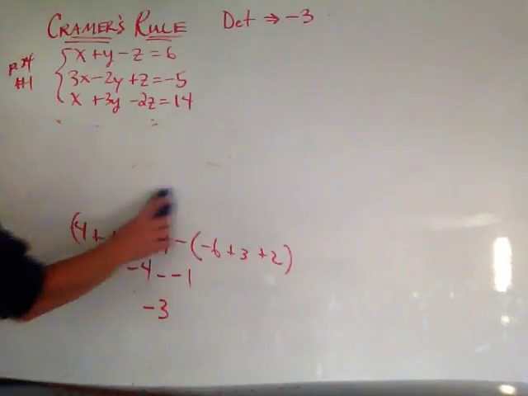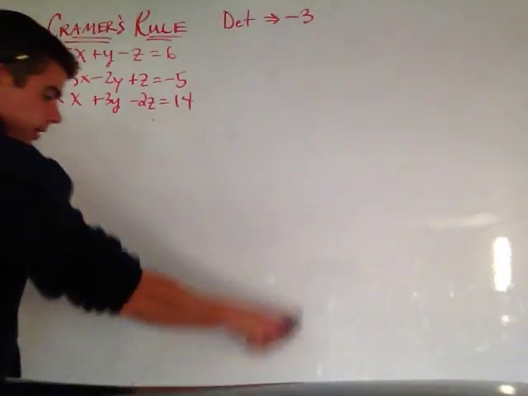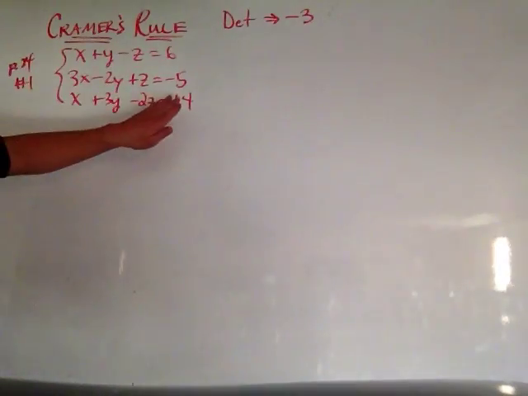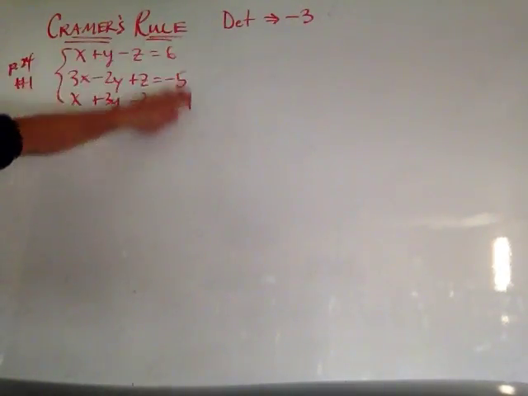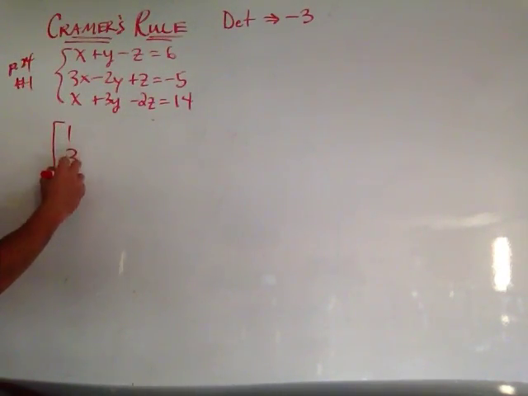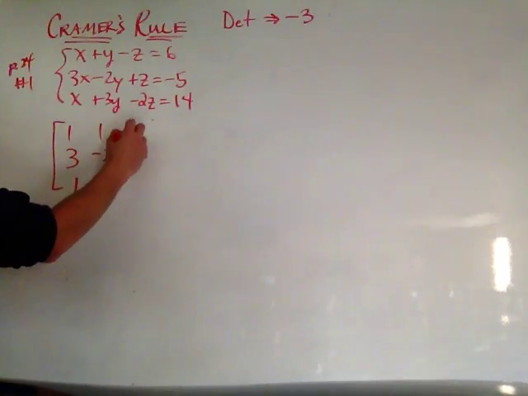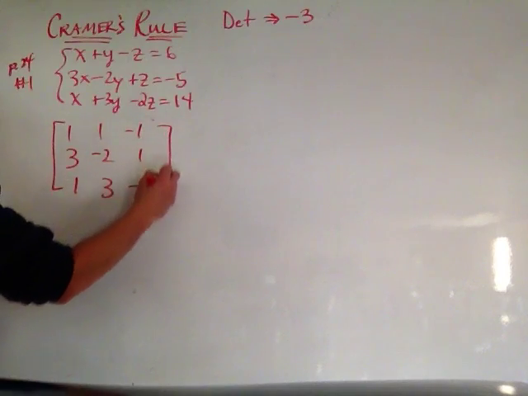Now, what we want to do is find 3 more determinants. And we basically are going to take the solution column and go back into our coefficient matrix.